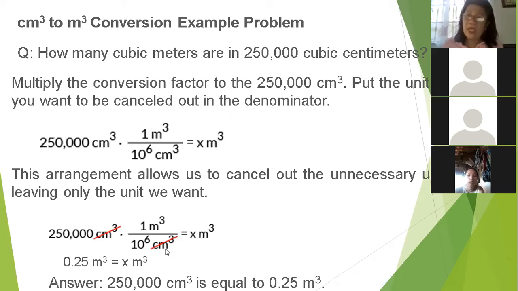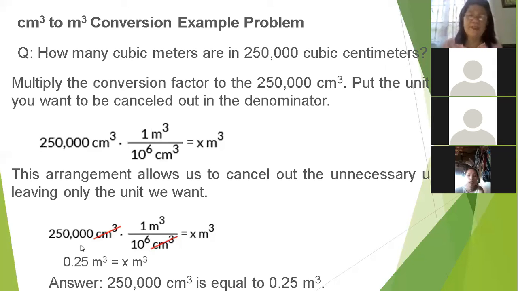As I have said, you can flip this conversion factor depending on how you can cancel the unit. What remains is the desired unit, which is cubic meter. So cancel the cubic centimeter, then divide. What remains is 0.25 cubic meter.